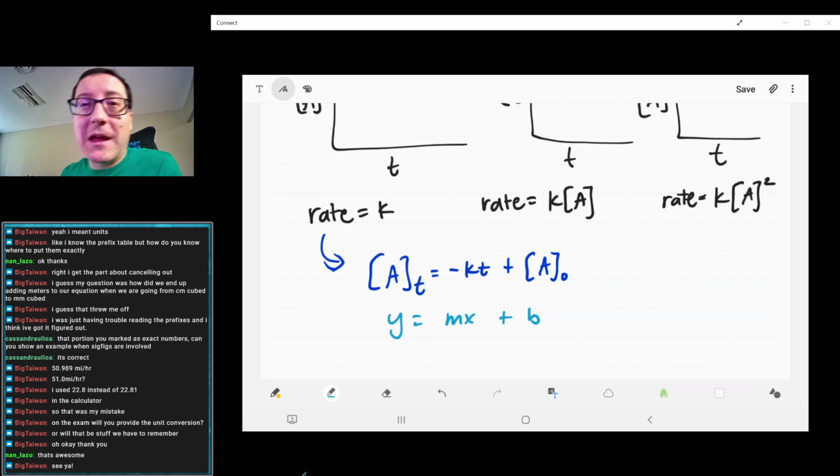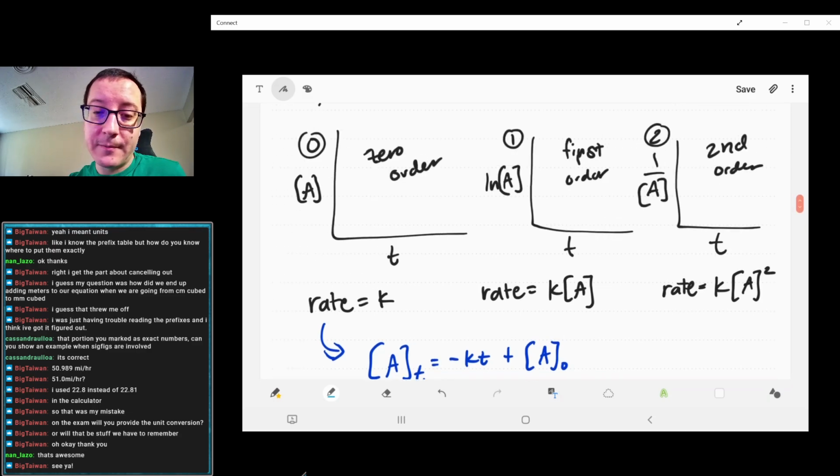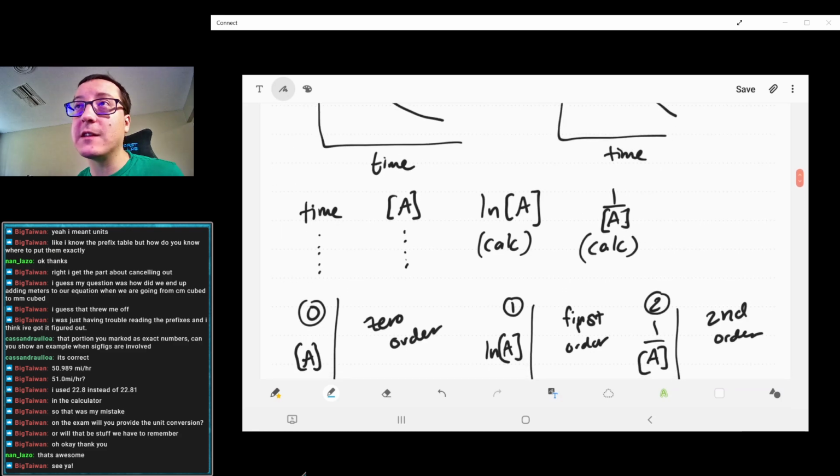I would recommend using something like Excel, where you can take your data, whatever it happens to be, these little dots, and give it the formulas to do the natural log and the inverse of those, and calculate those for you real quick, and then graph them. You can do all of those versus time, and choose whichever one is linear.